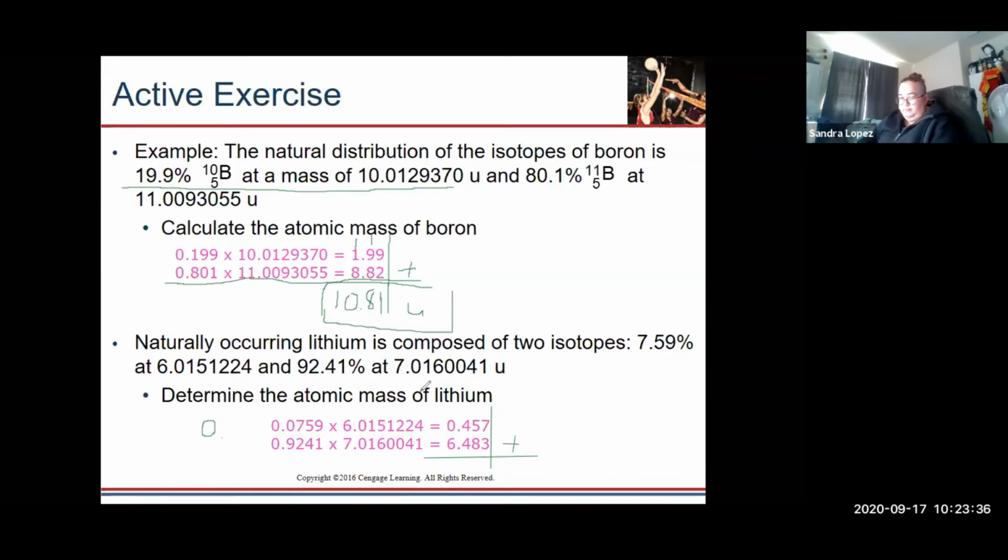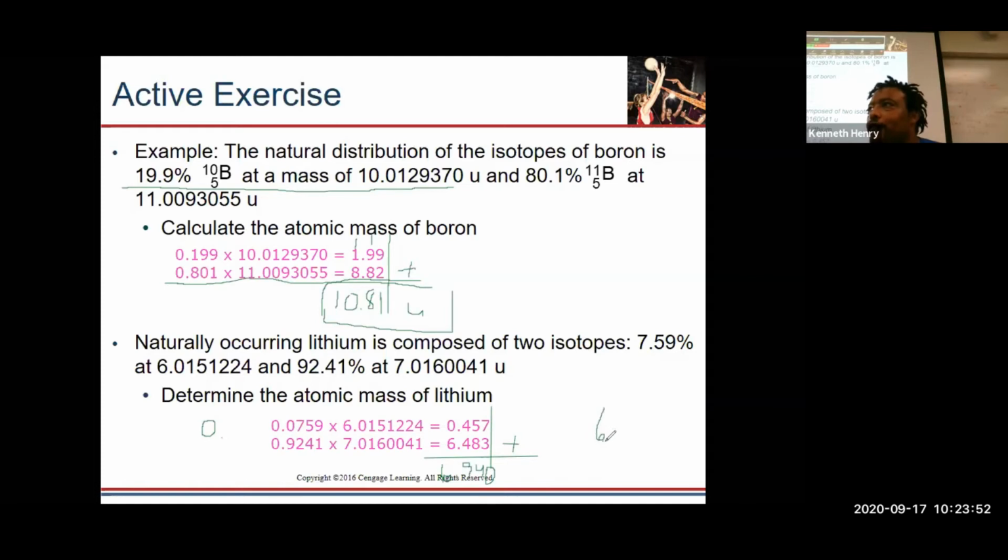I got that too. And we leave it alone, 6.940 units. We want to make sure to put our units.